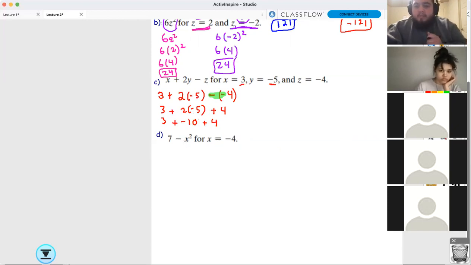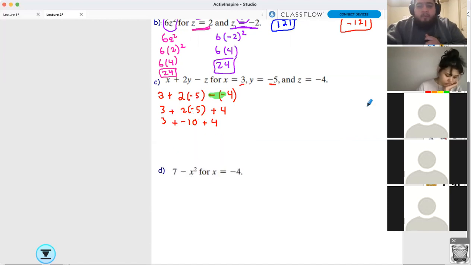Look at the C. We have plus a negative. We know what plus a negative is, right? We know when we're adding a negative number, what operation is that? Yeah. It gives us a subtracting. We're subtracting the 10.